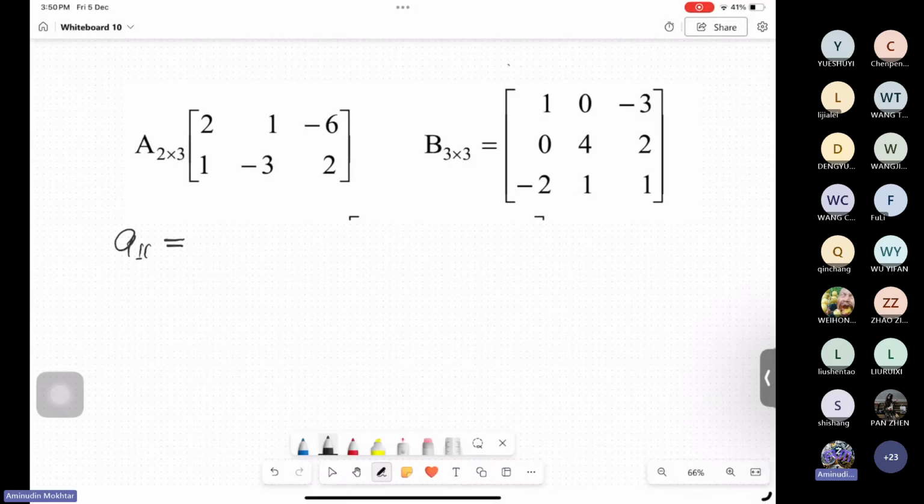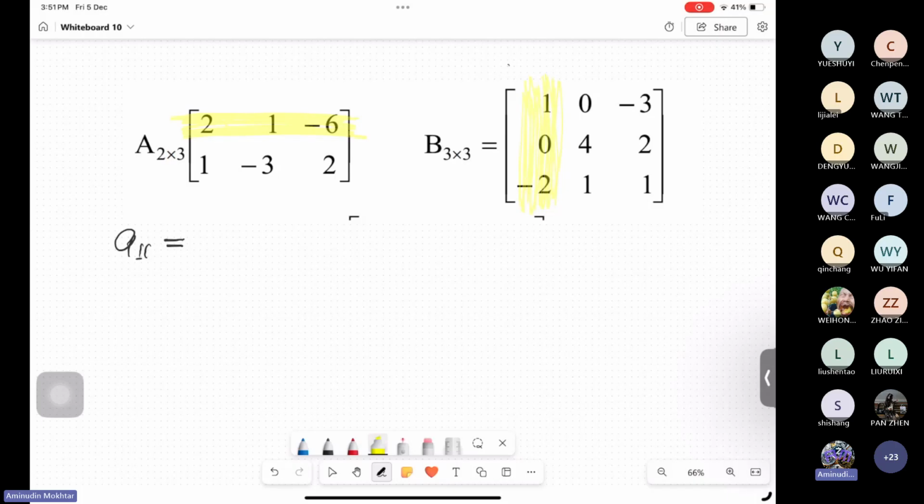In other words, we need to find the summation of products between the elements in the first row of A and the first column of B. What we need to do is find the summation of the products of the elements.